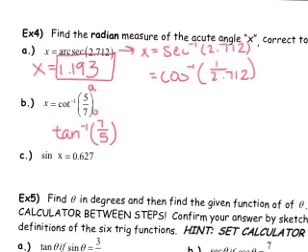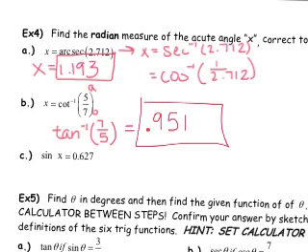This just is prettier. So this is what you type in the calculator. Tan inverse 7 over 5 is 0.951. So again, this is the radian measure that gives you this cotangent ratio.